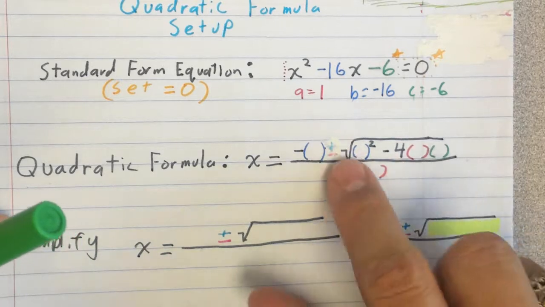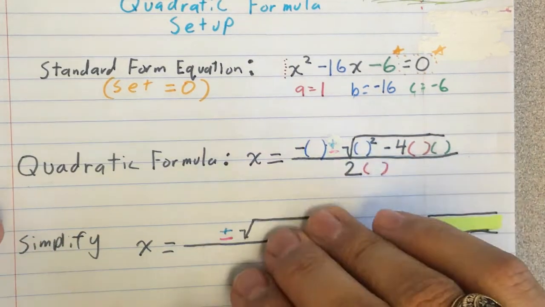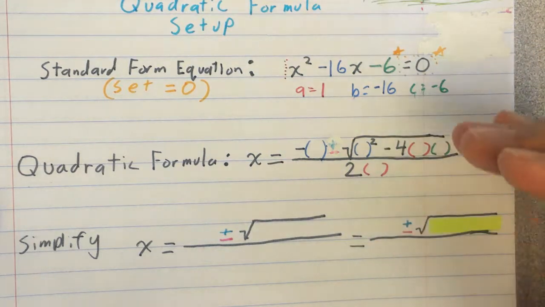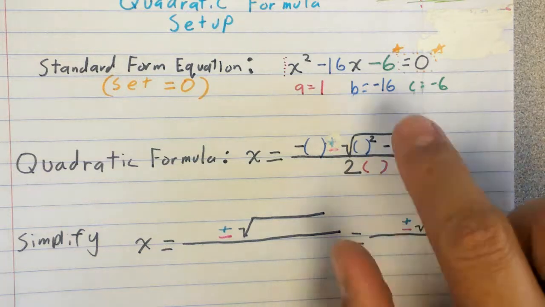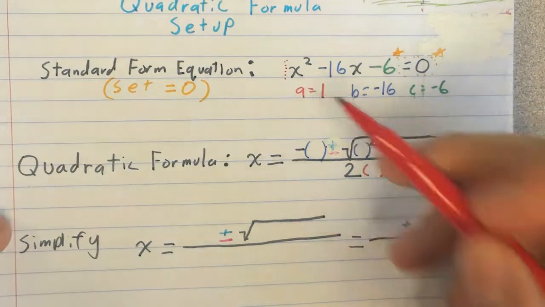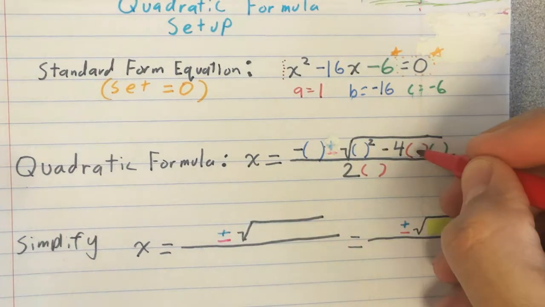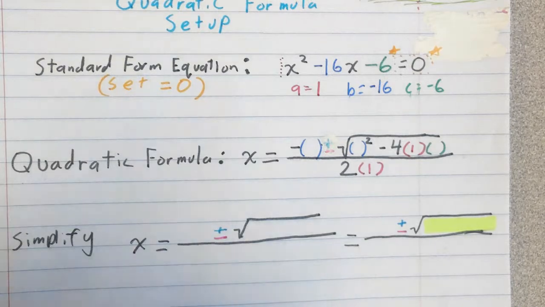Once you have your parentheses in there, and I want you to get in the habit of putting parentheses first and filling in later, it really helps us whenever we have several negatives in our quadratic equation. So let's go through and plug in the a's. A is 1, so I can put 1 in here and 1 in there.